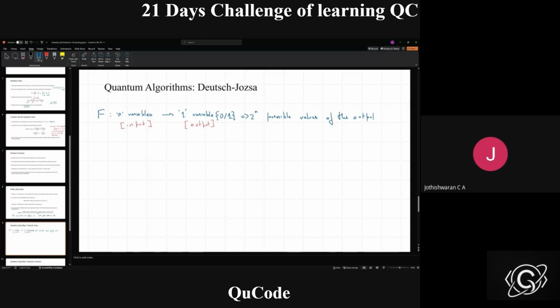Okay, now what happens is the following. The Deutsch problem is this. Given, again, I'm not citing this from a textbook or the original paper. This is the effective, the simplified problem statement.